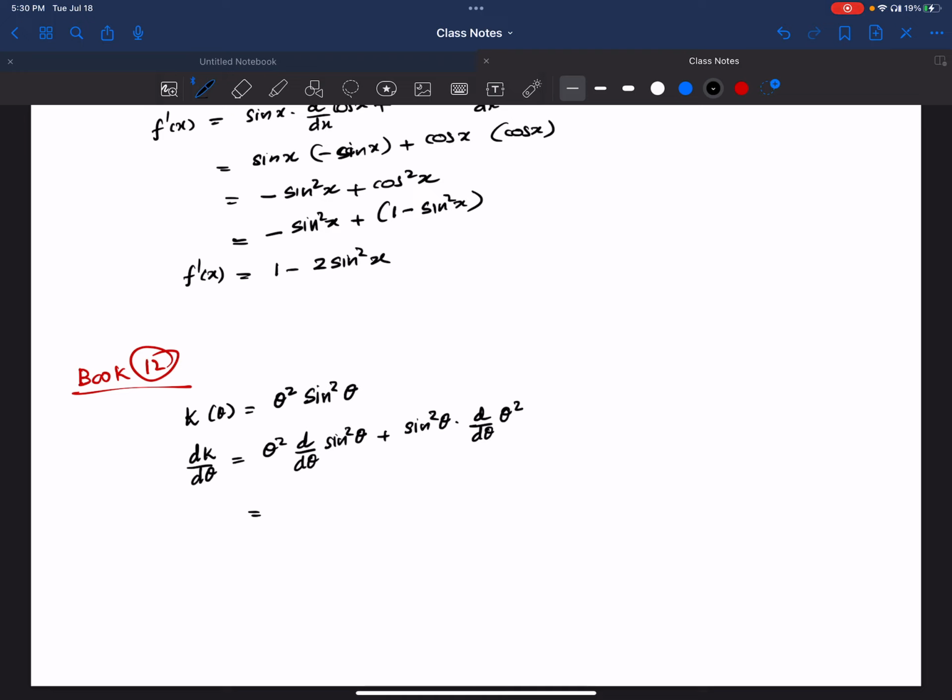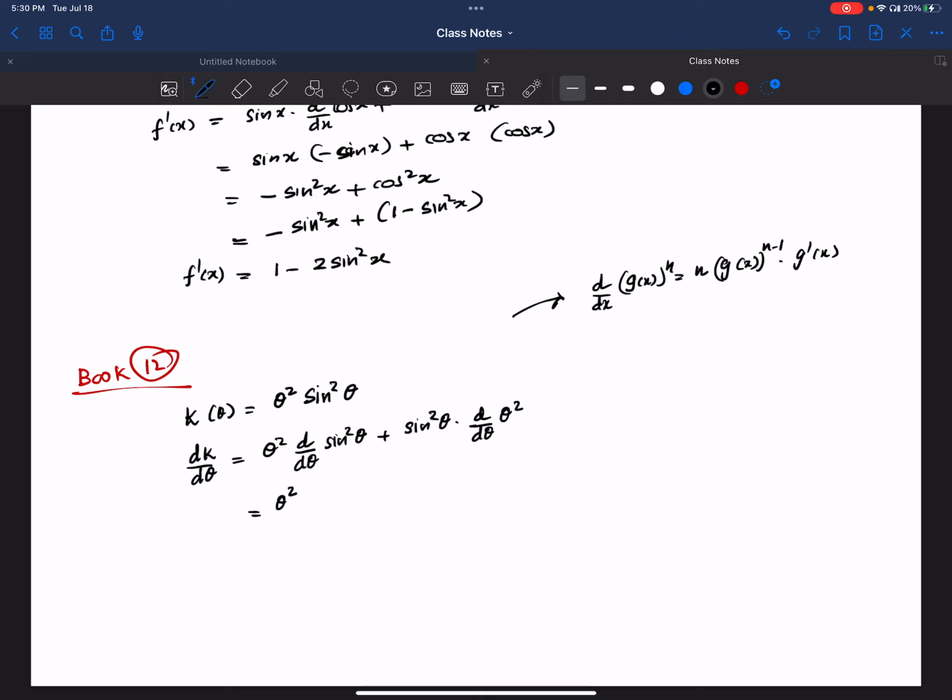So we have theta squared here. Now we learned what happens when you have something like this: d over dx g of x to the power n is equal to n times g of x to the power n minus 1 times g prime x, right?